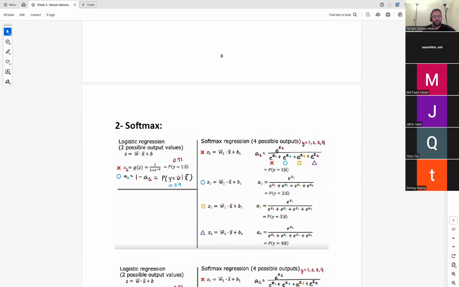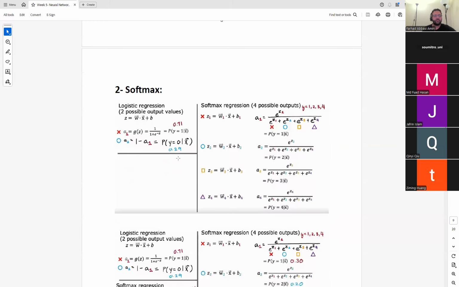These two probabilities, if you add them together, should end up equal to 1, right? So if the first activation value is A1, then A2 would be 1 minus A1, which shows the probability of y not being 1. This is for logistic regression. We have two activation values because we have just two possible output values.